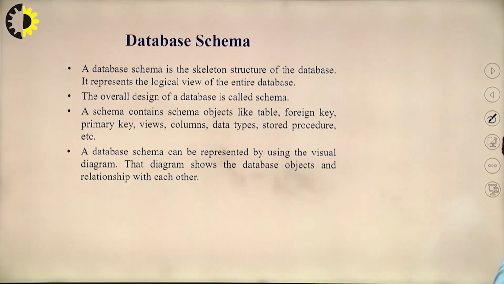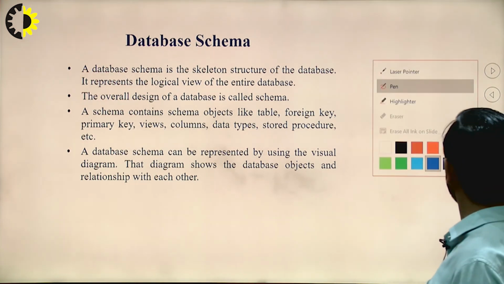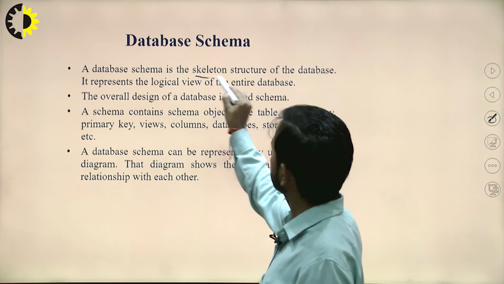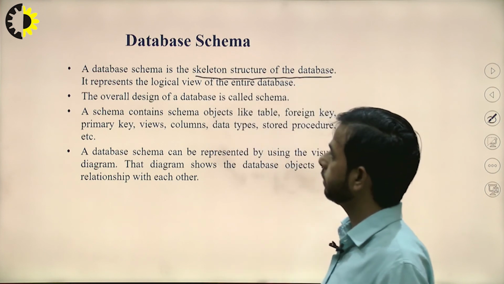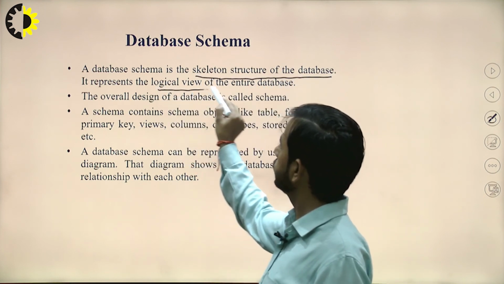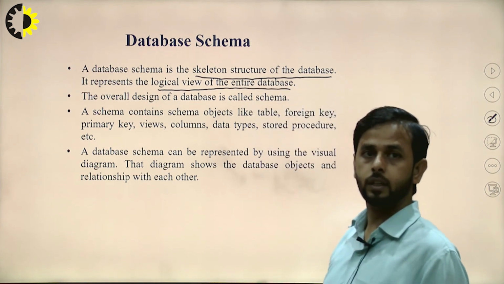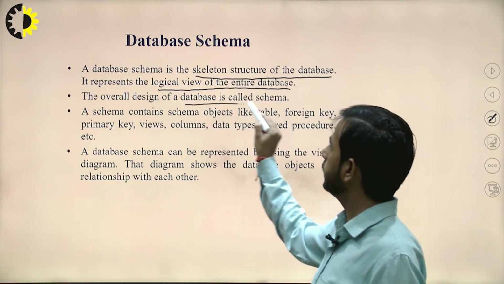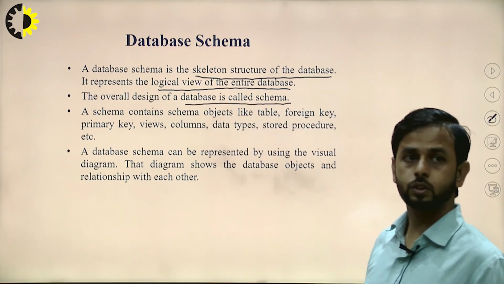Next, database schema. A database schema is the skeleton structure of the database. It represents the logical view of the entire database. The overall design of a database is called the schema.